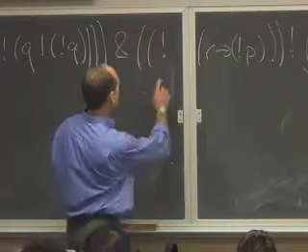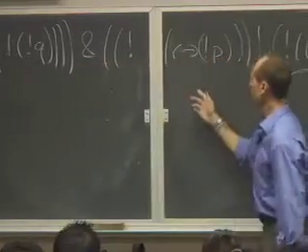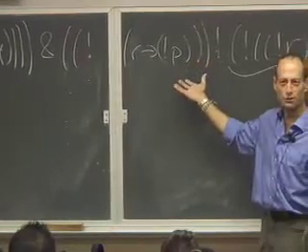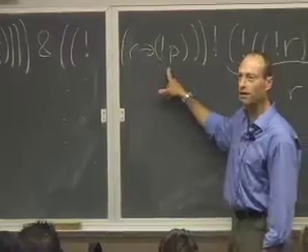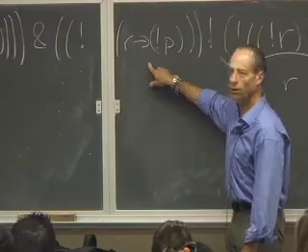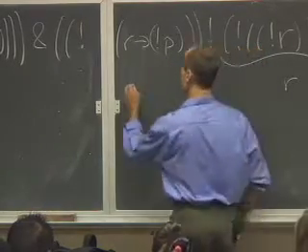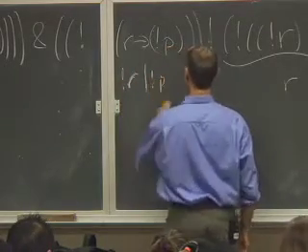Okay. We've got not, R implies not P. The assignment here is to get rid of the if-thens and turn this into something that just involves and, or, and not. So R implies not P is logically equivalent to not R or not P.